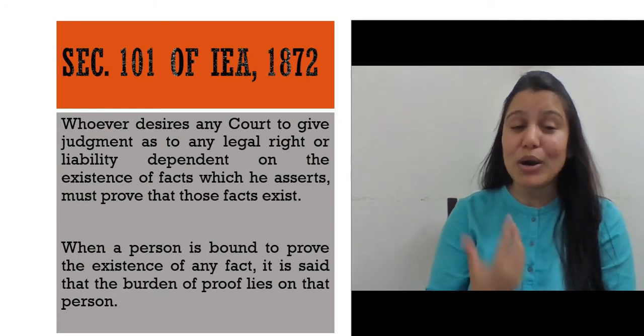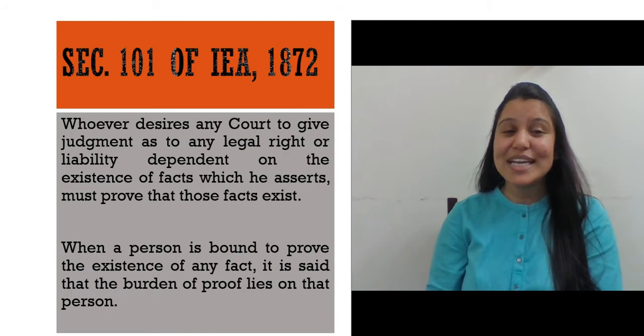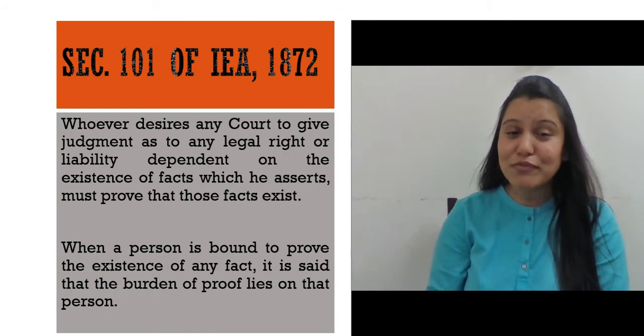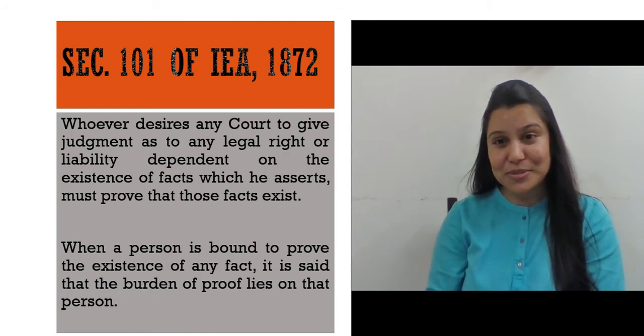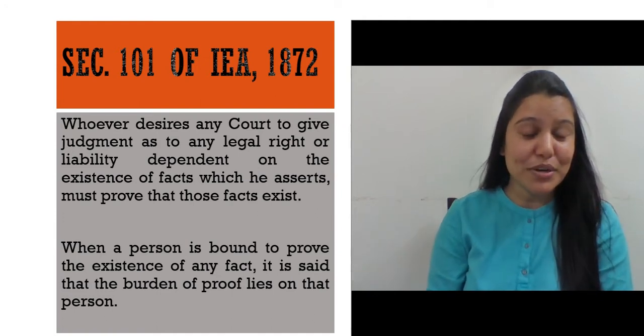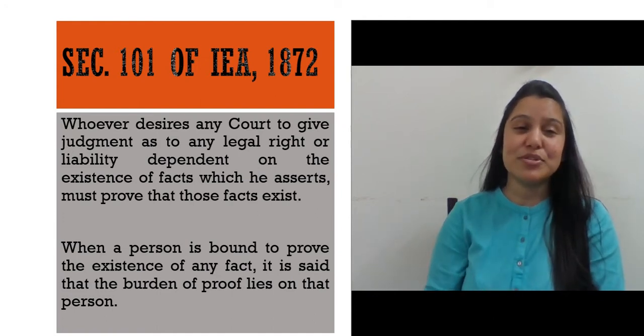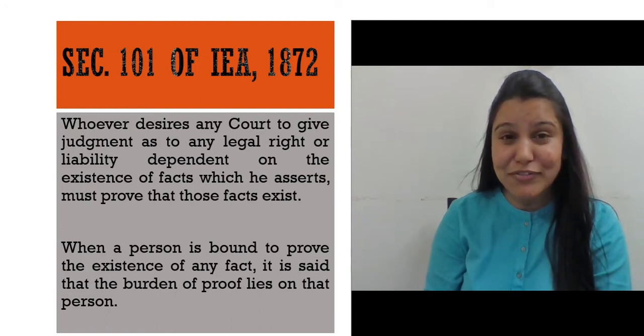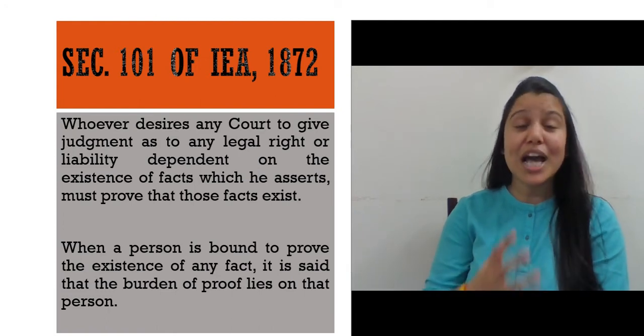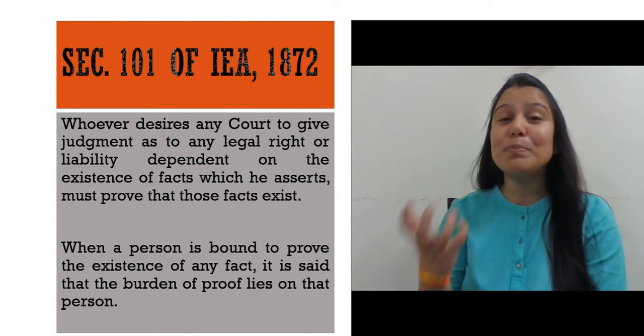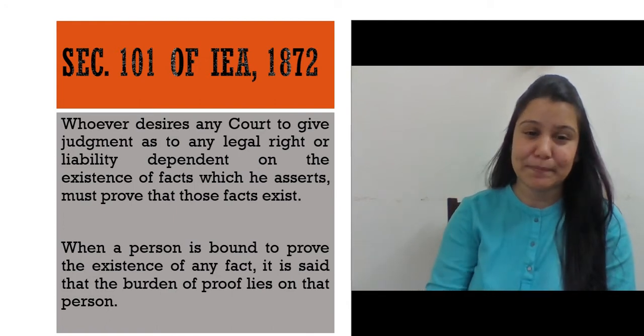When a person is bound to prove the existence of any fact, it is said that the burden of proof lies on that person. So the burden of proof lies on the person who is asserting that fact and who wants the court to believe what he is asserting.